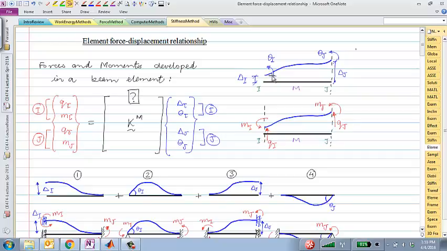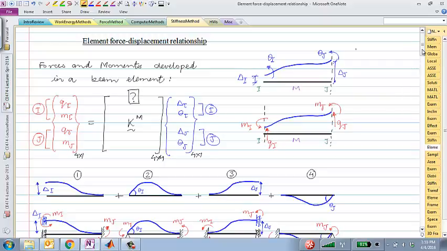There are 2 degrees of freedom per node for the beam element. So no wonder the size is exactly the same. We have a 4 cross 4 matrix, and 4 cross 1 vectors of forces and moments and displacements, with the element stiffness matrix in between.